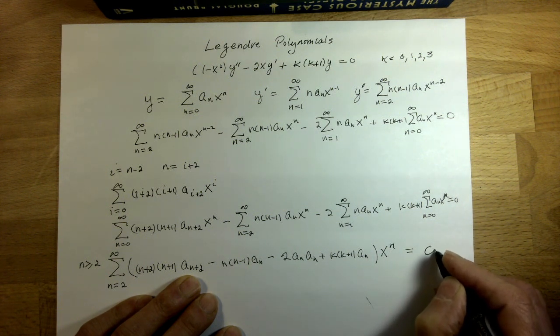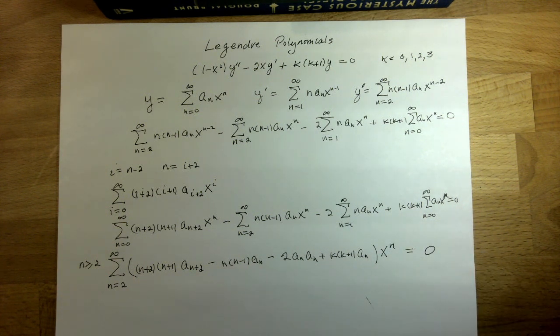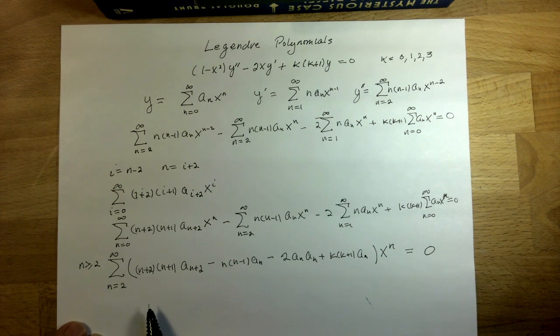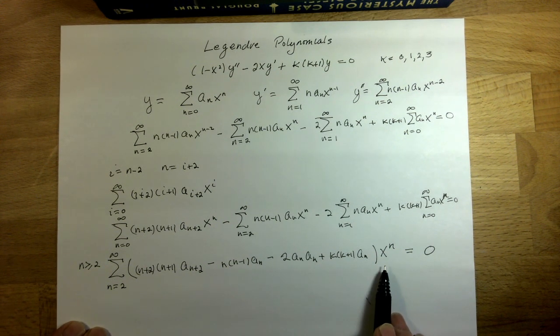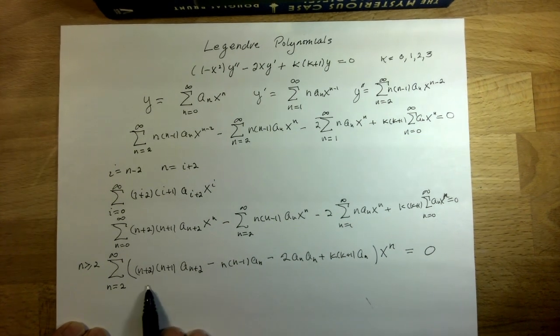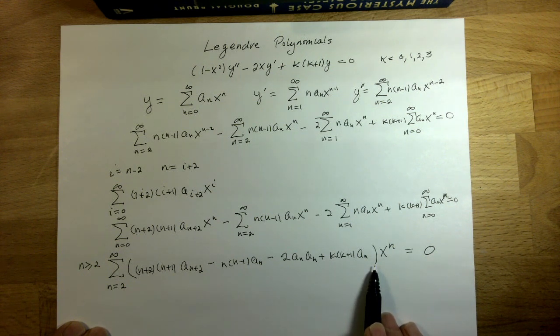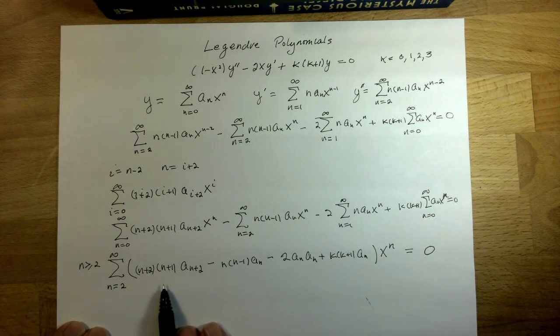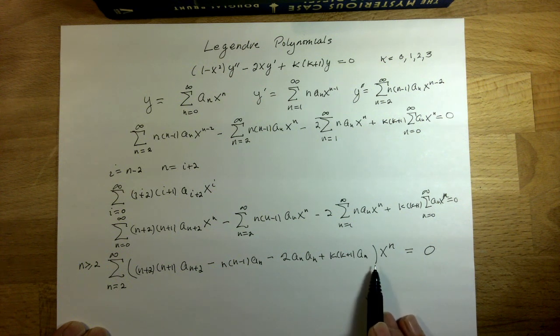All of that equals 0. Now this is very interesting. So now we have an expression where the coefficient of x to the n is this kind of complicated thing. And in order for this polynomial to be 0, each of the coefficients has to be 0.